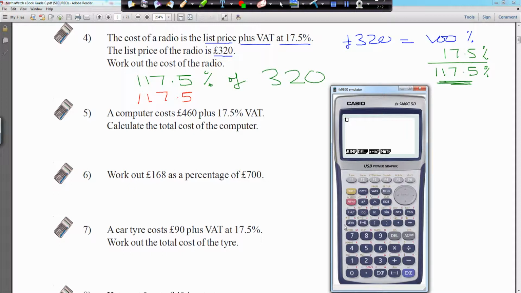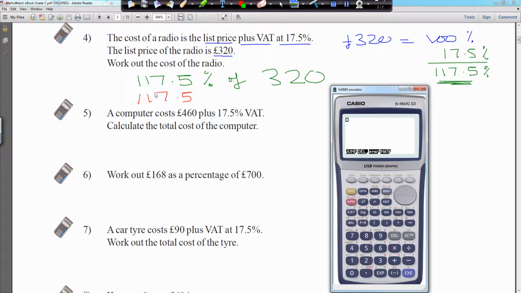On this graphics calculator, it's normally shift and a bracket, but we don't seem to have that here. So we're going to have to use the decimal multiplier technique.